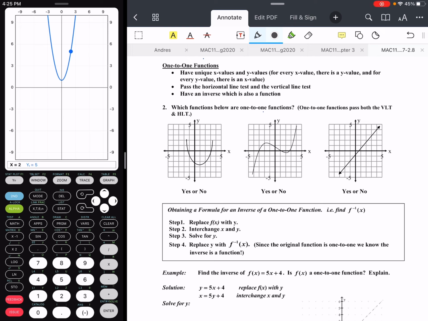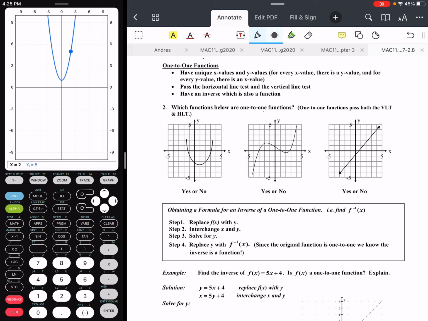So this represents a function, but not a one-to-one function. It passes the vertical line test, but it fails the horizontal line test. Second example, we could use the x-axis.